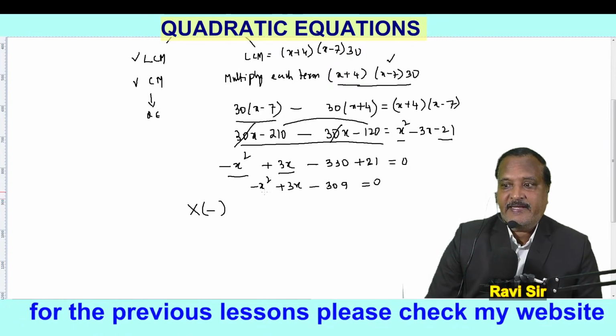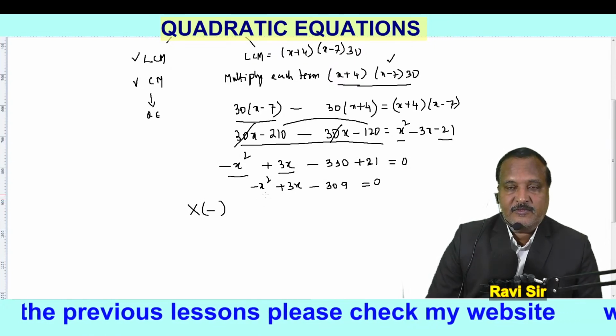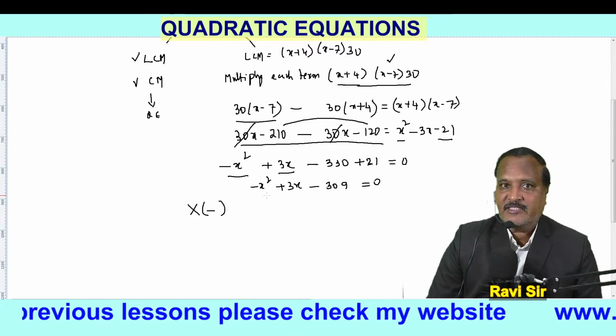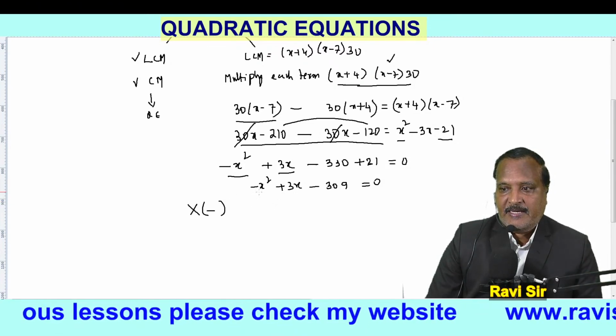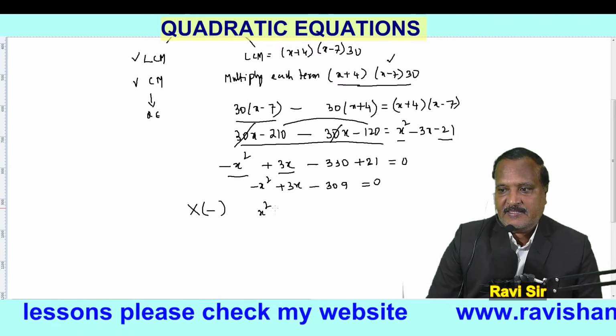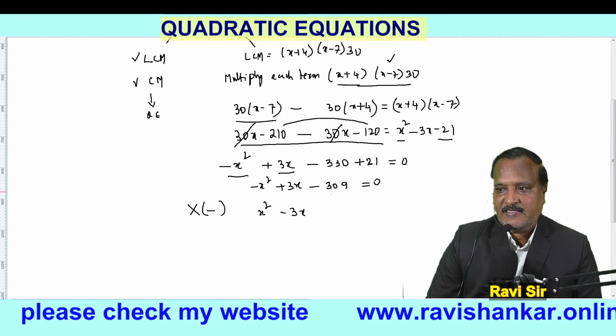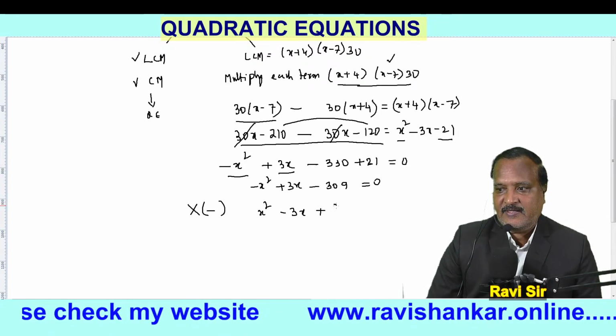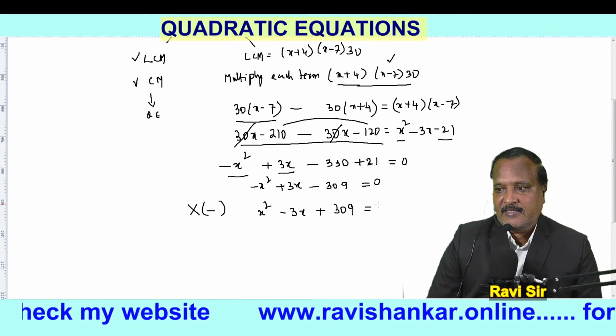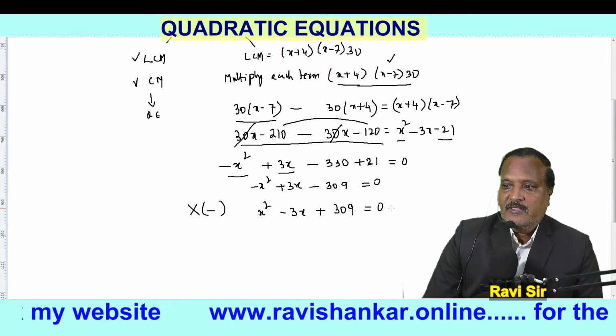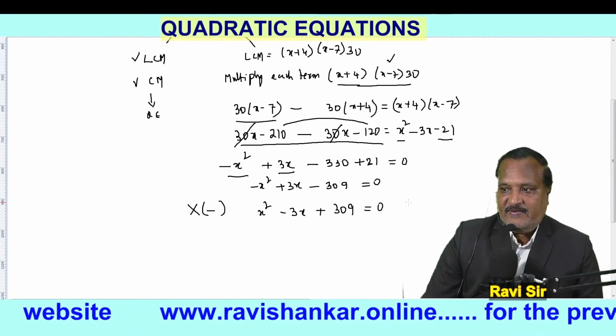You can multiply each term with anything, and the value of the quadratic equation does not change. So minus into minus x square gives x square, minus into plus 3x gives minus 3x, minus into minus 309 gives 309, is equal to 0. So this is the quadratic equation now.